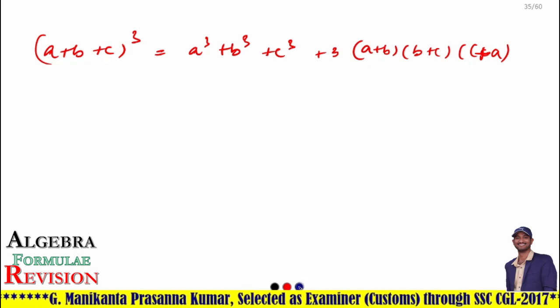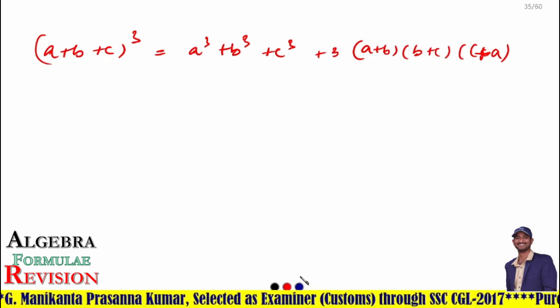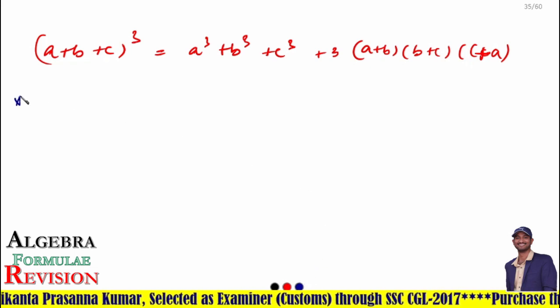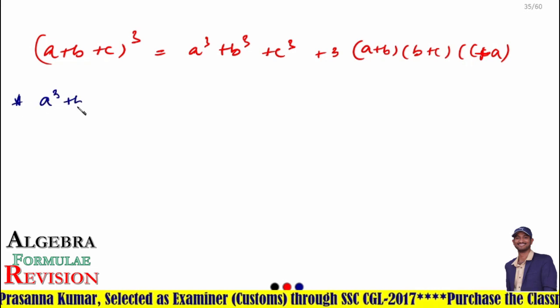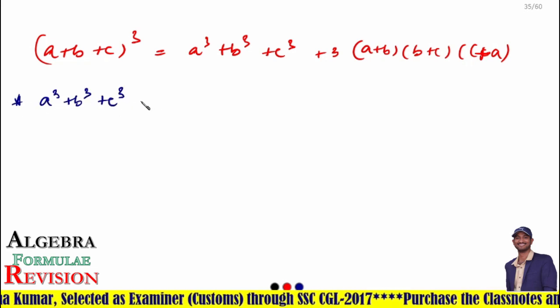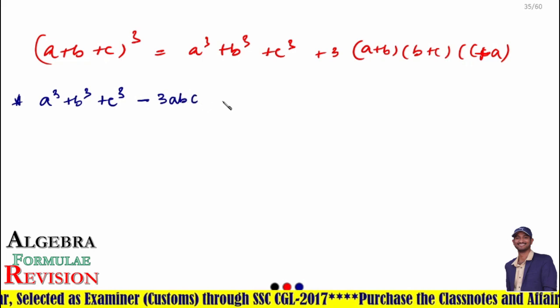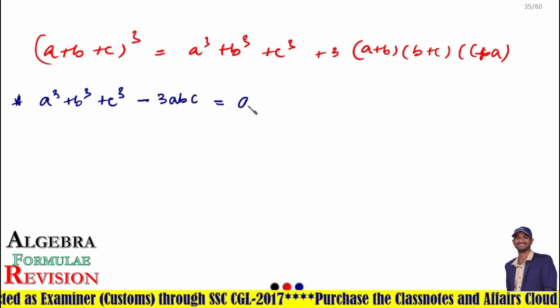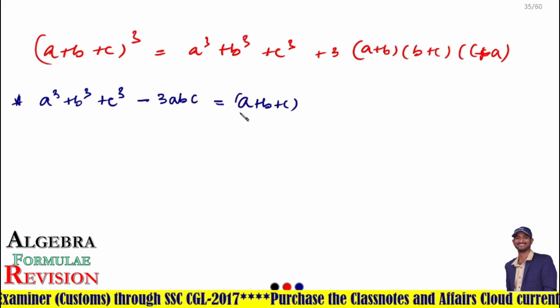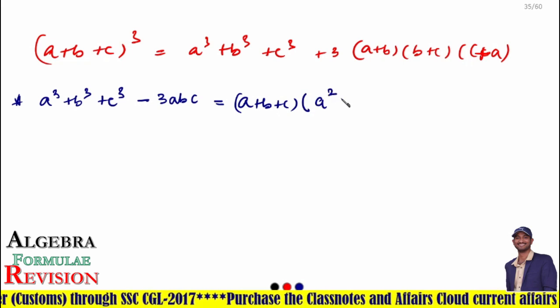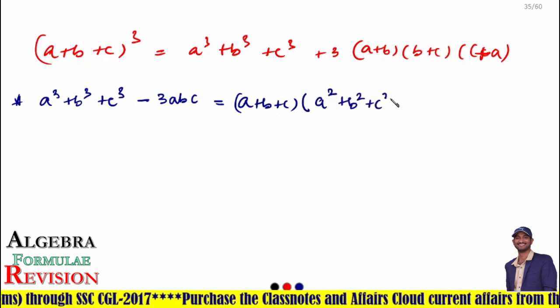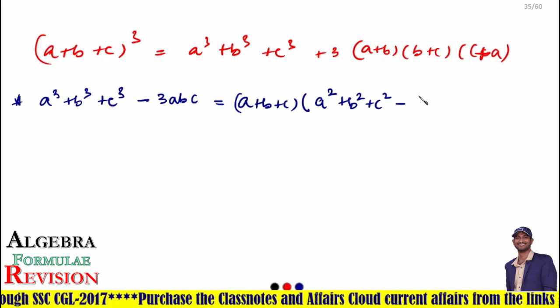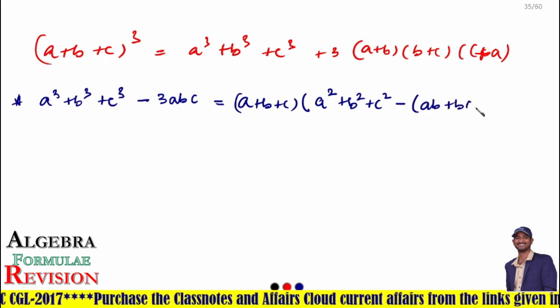But what is important for our exam, that is the CGL exam, is a cube plus b cube plus c cube minus 3abc, which is always equal to the sum of the variables (a + b + c) into the sum of the squares of the variables minus the sum of the products of the variables.